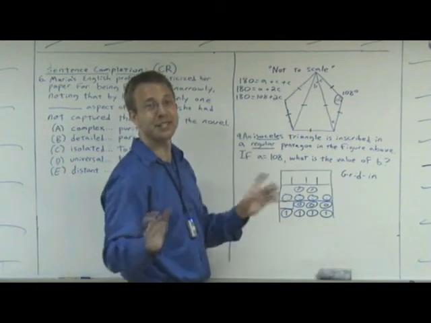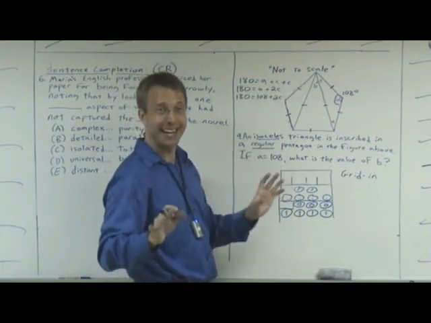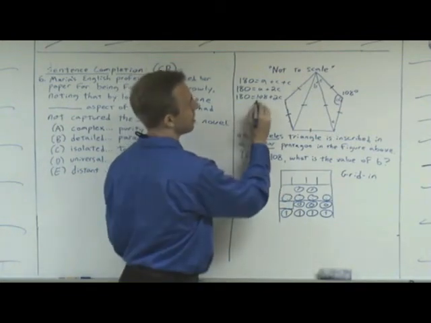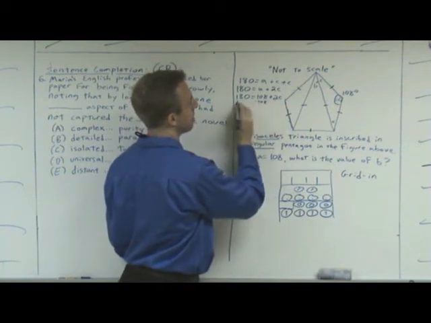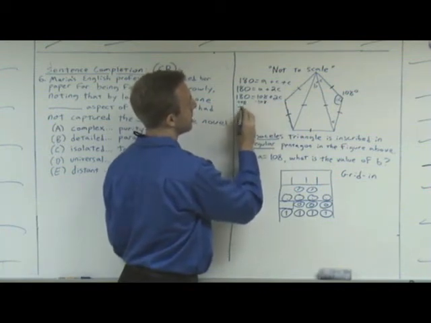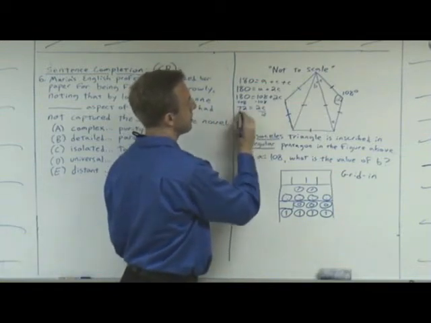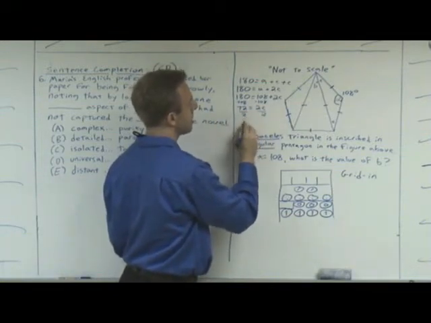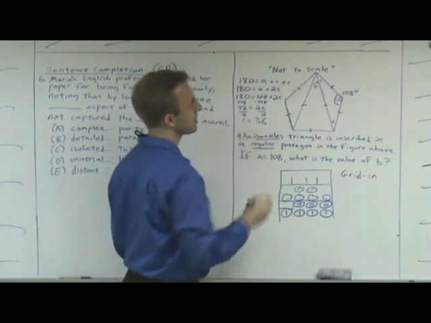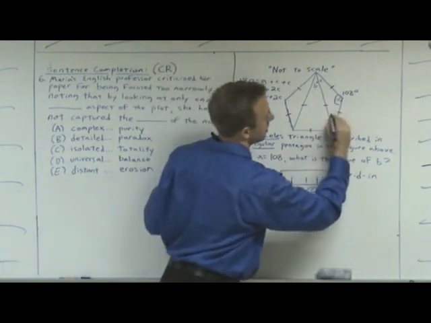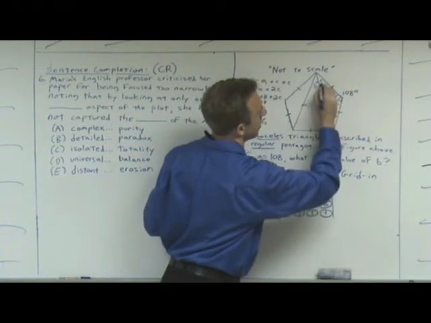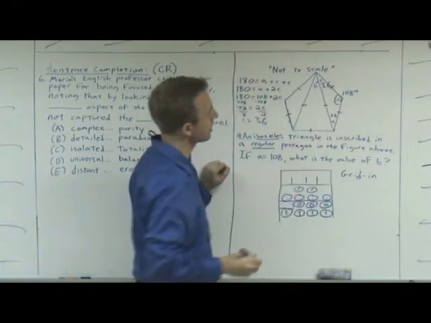Now all we have to do is solve for C, and this becomes a very easy problem. So now we're going to subtract 108 from both sides. We get 72 equals 2C. Now we're going to divide both sides by 2, and we get C equals 36. So now we know that this angle is 36 degrees, and this angle is also 36 degrees.